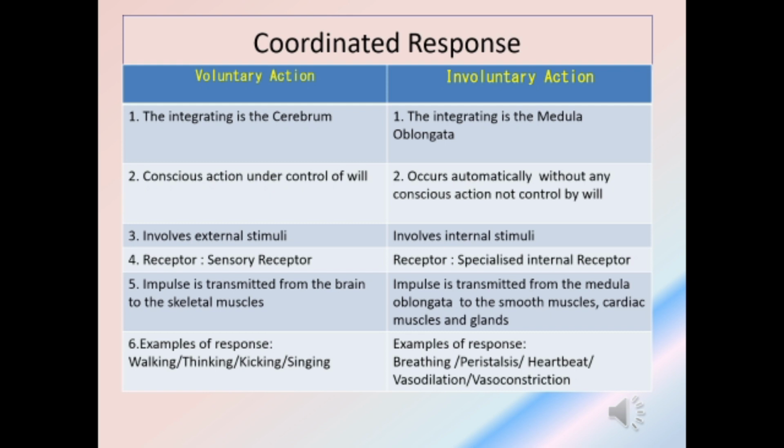The receptors involved in voluntary action are the sensory receptors, while in involuntary action, the receptors are specialized internal receptors. In voluntary action, impulse is transmitted from the brain to the skeletal muscle, whereas for involuntary action, impulse is transmitted from the medulla oblongata to the smooth muscles, or to the cardiac muscles, or to the glands.